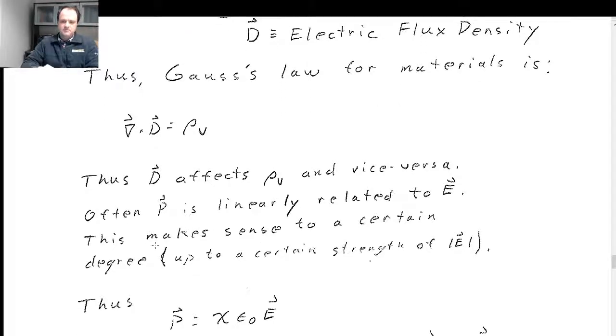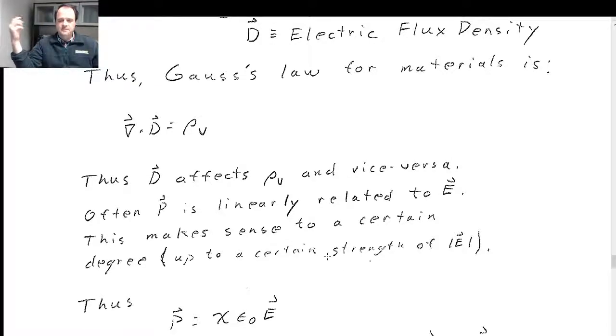This makes sense to a certain degree, mainly up to a certain strength of E. After a certain strength of E, maybe the separation of the positive and negative charges within a molecule can no longer be done, and regardless of how much stronger the electric field is, it won't polarize it anymore, or potentially you just rip the charges apart.